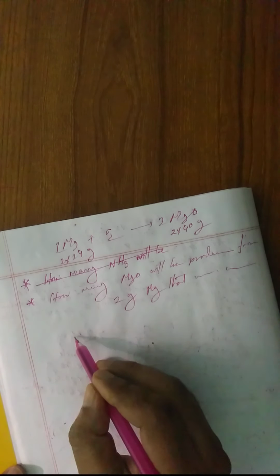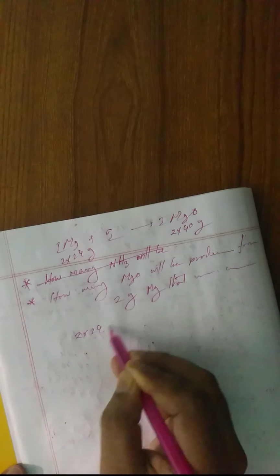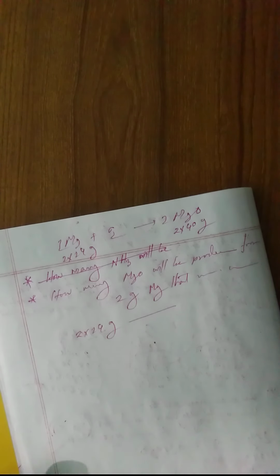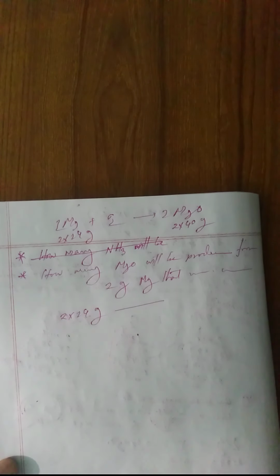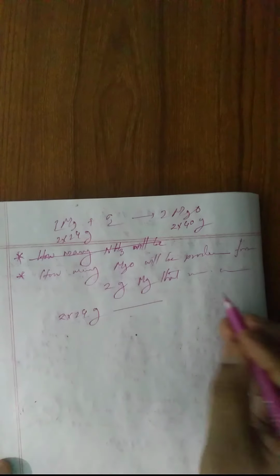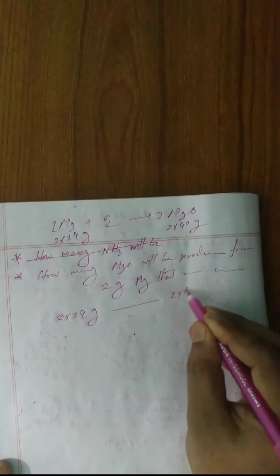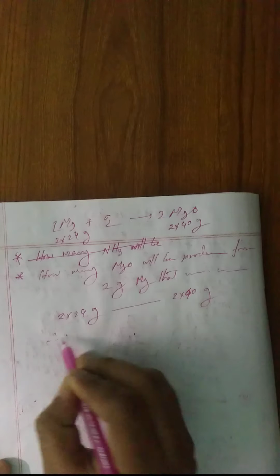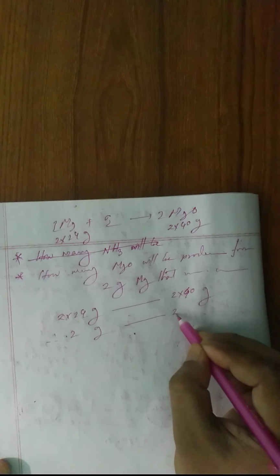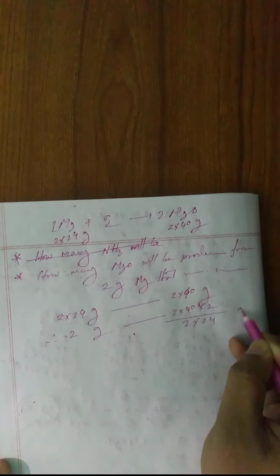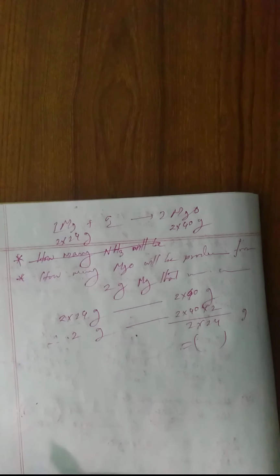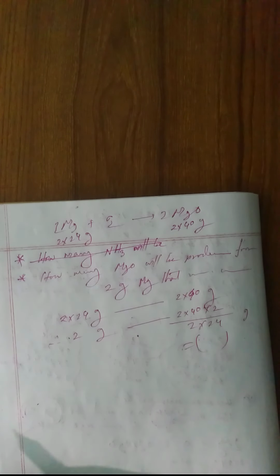So 2 into 24 gram magnesium reacts with the necessary amount of oxygen to produce 80 gram, and from 2 gram, this amount will be the amount of MgO for 2 gram Mg.